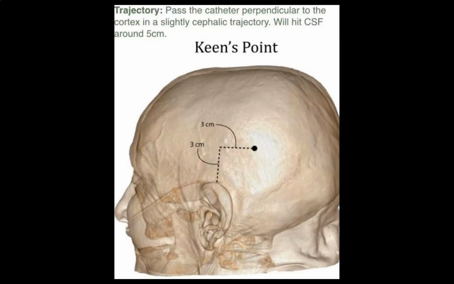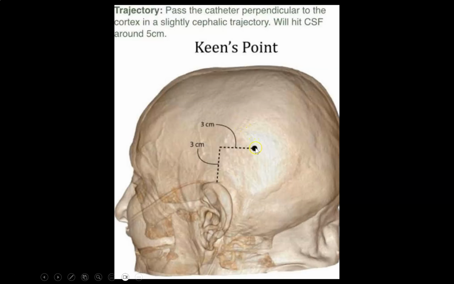And Keen's point is another important point where you hit the body of the lateral ventricle. You see the ear pinna, you go above the ear pinna by 2.5 to 3 centimeters and behind the ear pinna by 2.5 to 3 centimeters, and then you apply your catheter perpendicular trajectory, somehow cephalic, and you reach CSF.